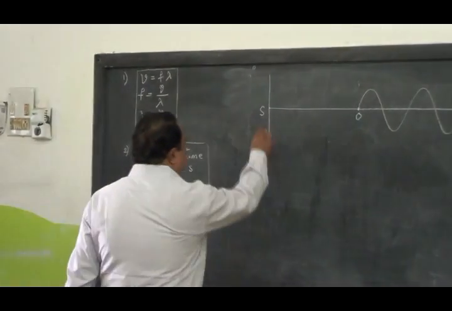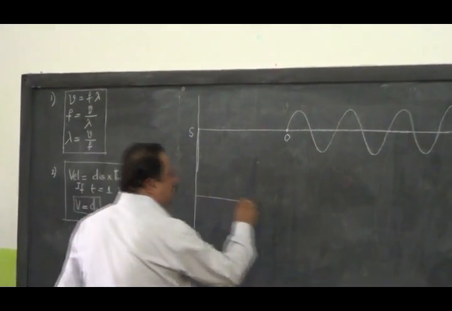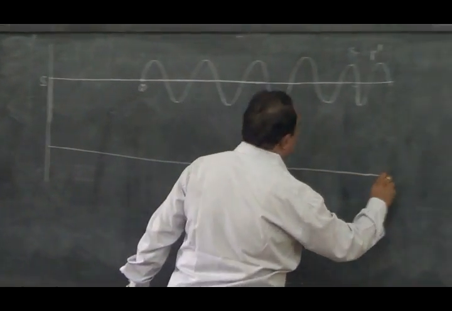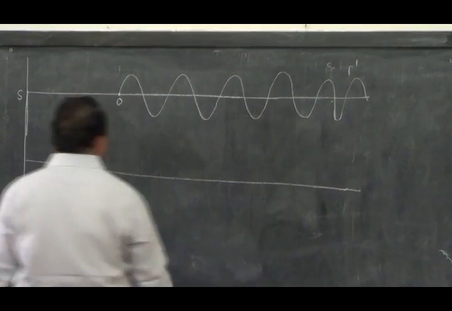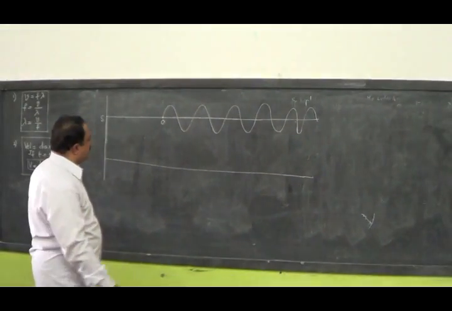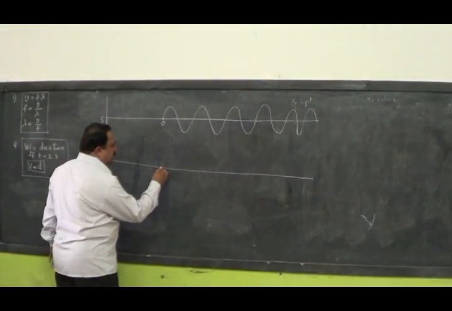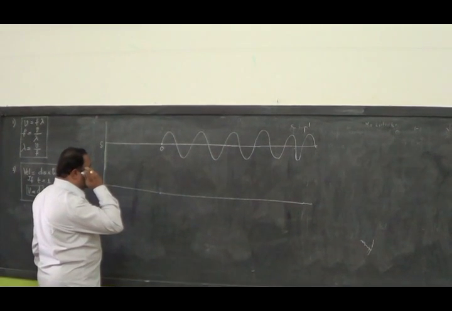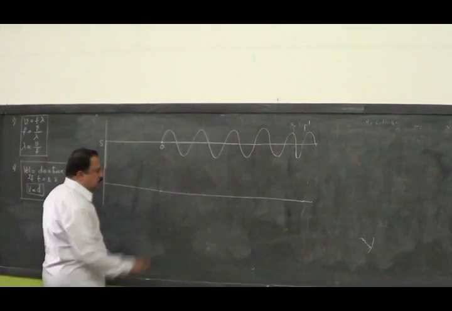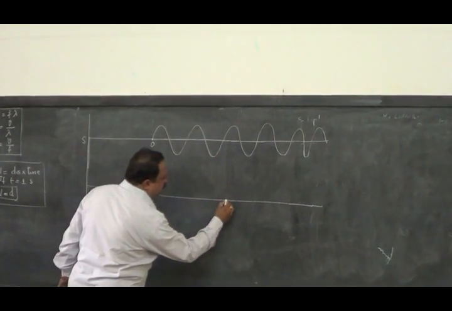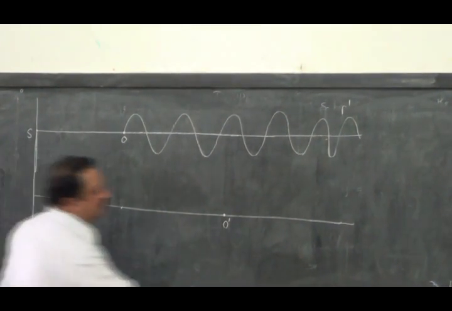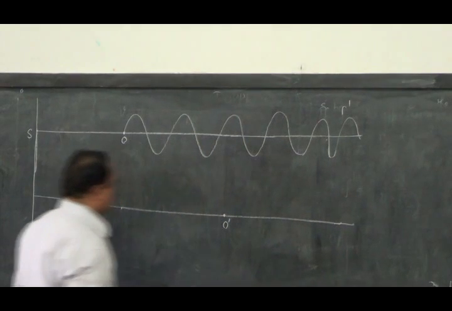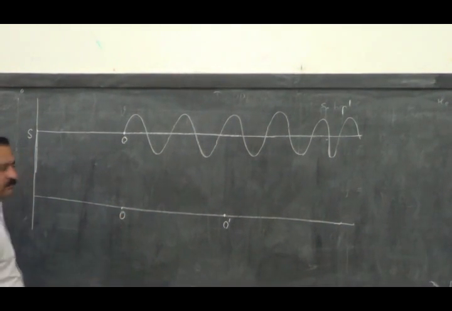Now, the next situation is, let the observer who was at O start moving to some distance, O dash. He was here.